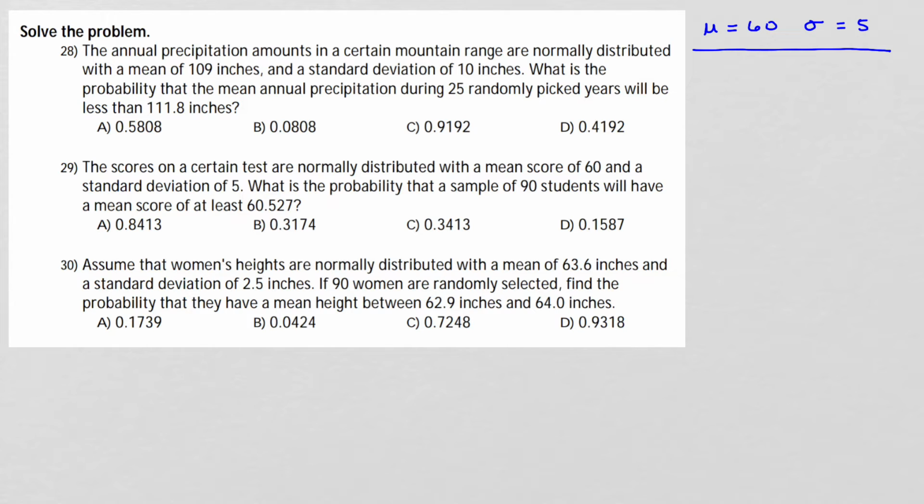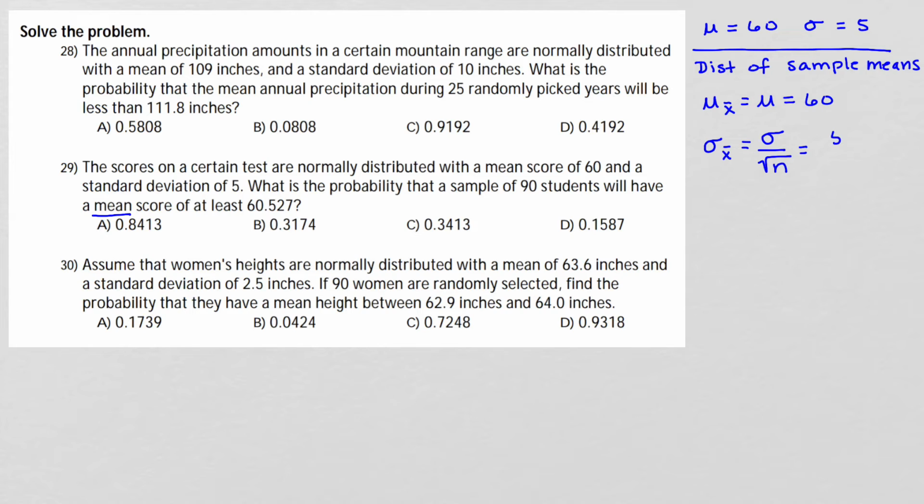So again, we want to find the probability about the mean, so the distribution of the sample means has a mean that is equal to the original mean, and the standard deviation of the sample means is the standard deviation divided by the square root of the sample size.